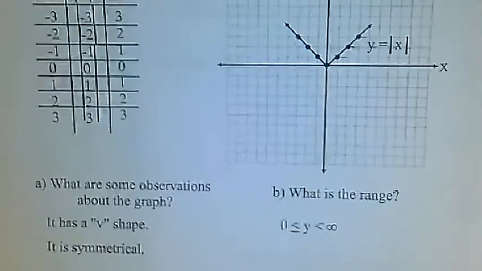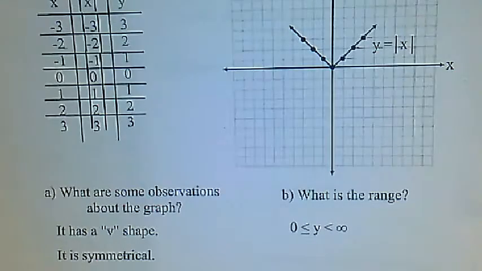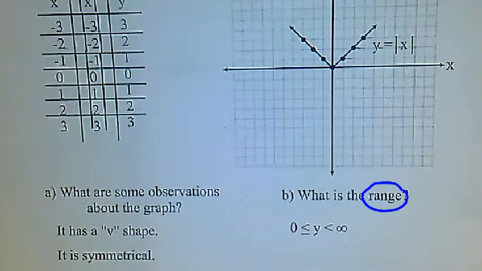Okay, and then the next thing we're going to talk about is the range. Okay, so the range is always referring to the y values. Always referring to the y values. So all y values. So I didn't give you a domain, right? This goes on forever.